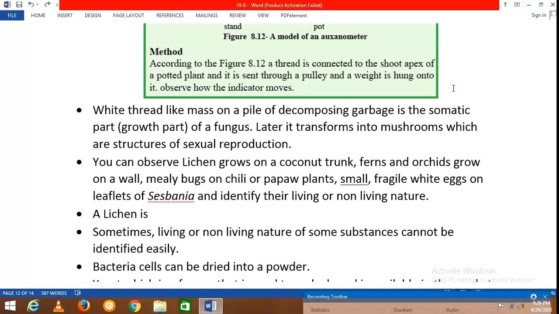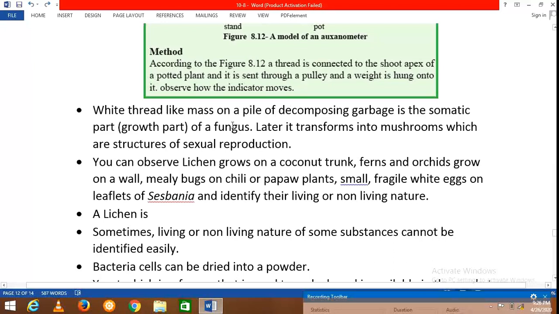And after that, there are certain things for your knowledge. The white thread-like mass on a pile of decomposing garbage is the somatic part. Somatic means the growth part of a fungus. So we have observed white thread-like masses on a decaying log, on garbage, spoiled food.